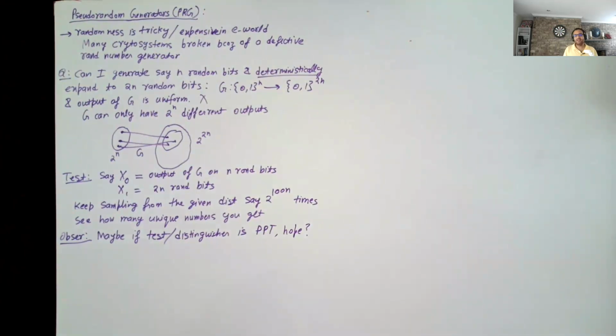And this is why you have these magical objects which can deterministically take, let's say, n bits, and you can expand them to 2n, 1000 and 1 million times, whatever you want. So this is almost impossible when you think about it, but crypto makes it possible.